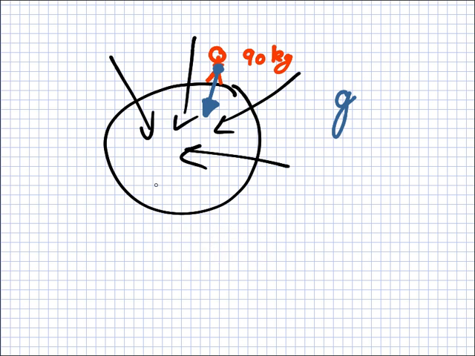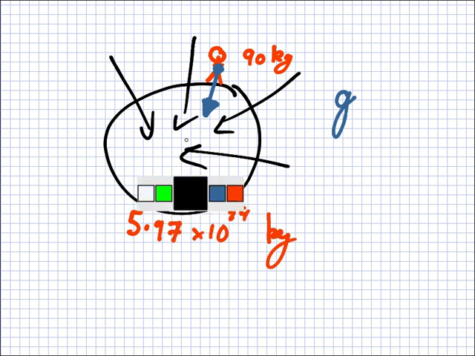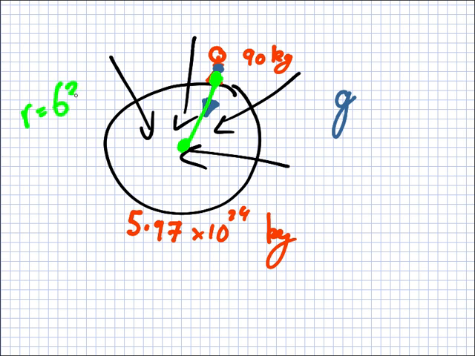That is, for the Earth, 5.97 times 10 to the 24 kilograms. Yep. And also, you need to know the distance from here to here. And that's the radius of the Earth, which is, I can get it here for you. Can you see this? 6378 kilometers. Can you see that okay?